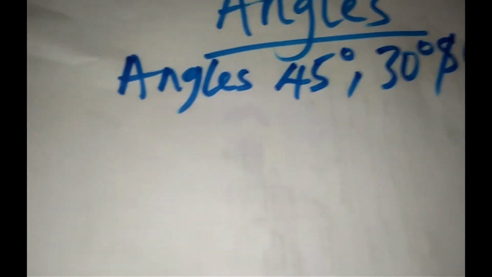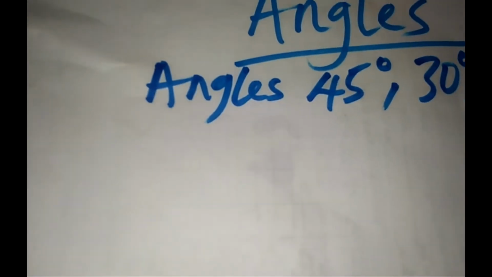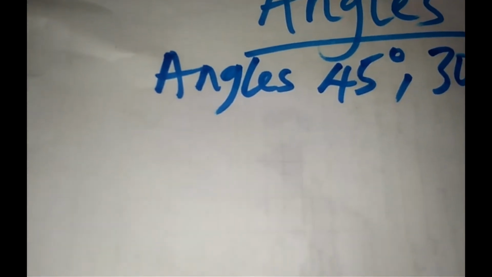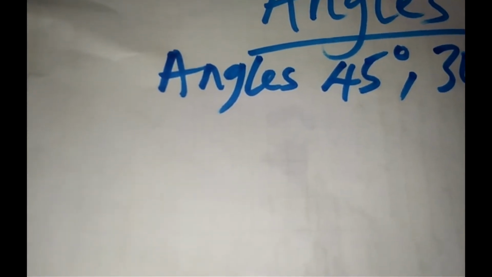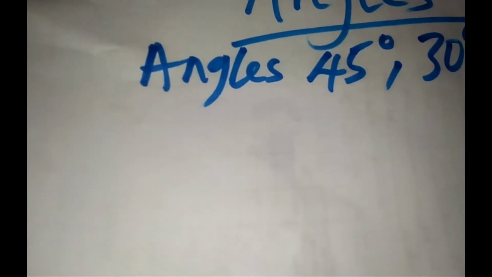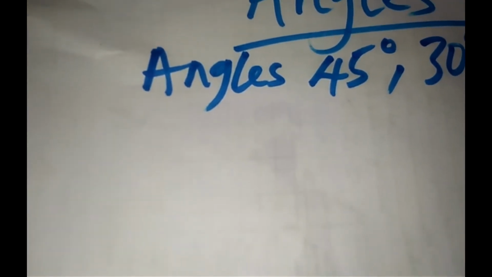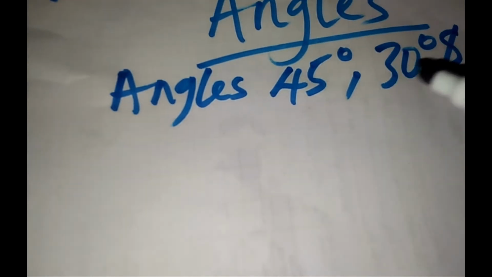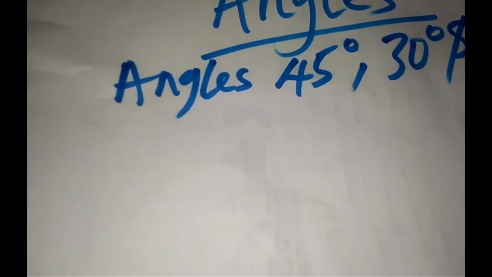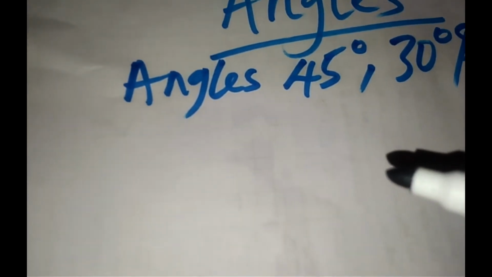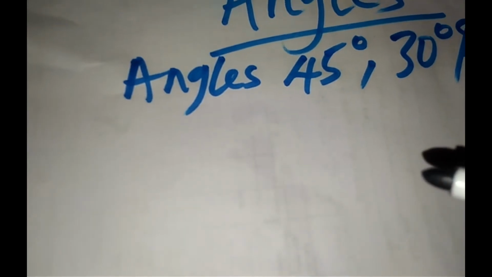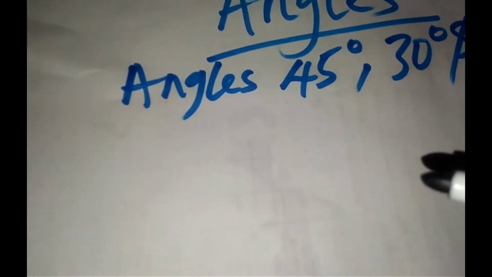So apart from the tables and sine, cos and tan tables, these angles, their ratios can be derived using the right angled triangle.